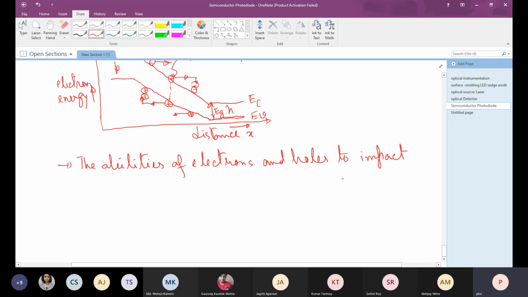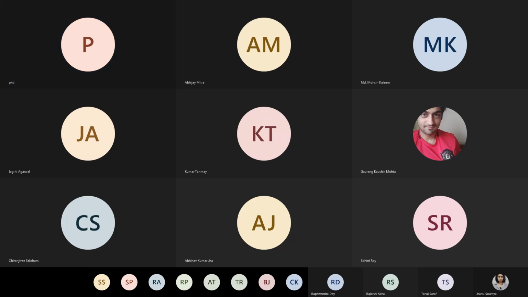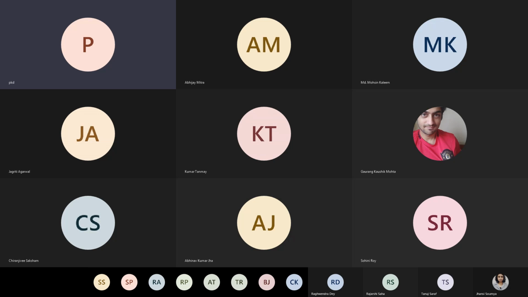The abilities of electrons and holes to impact ionize are characterized by the ionization coefficients.